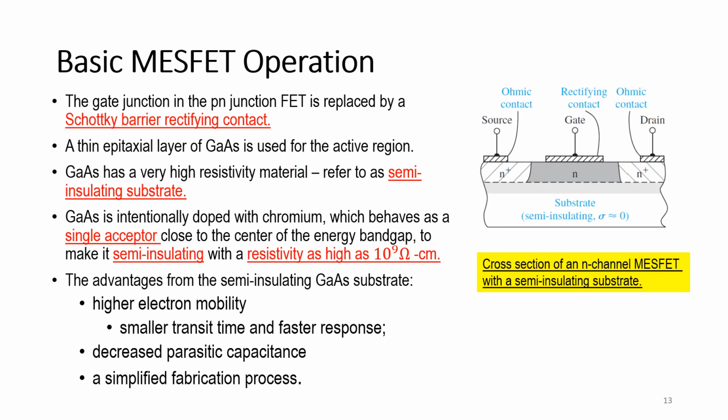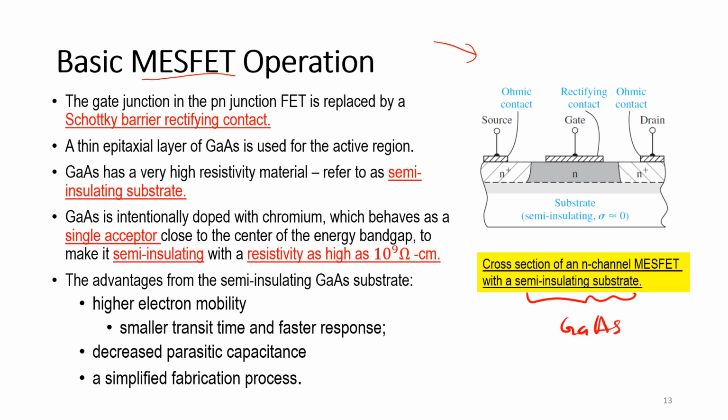The second type of JFET we call a MESFET. The basic MESFET operation can be explained by referring to the cross-section of the n-channel MESFET with a semi-insulating substrate, which is gallium arsenide.